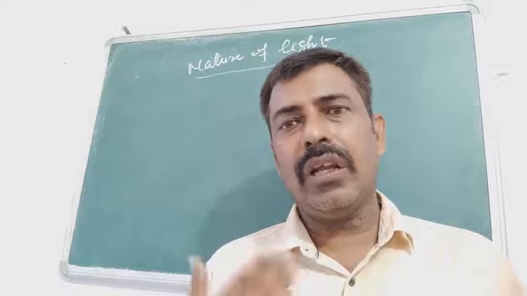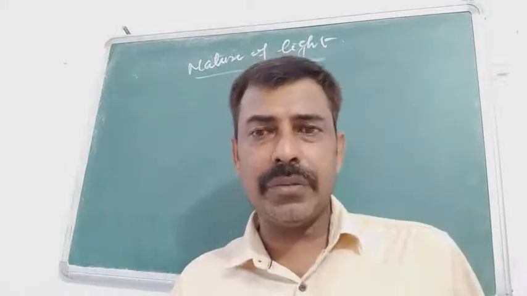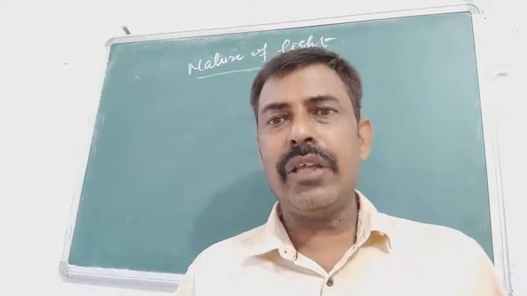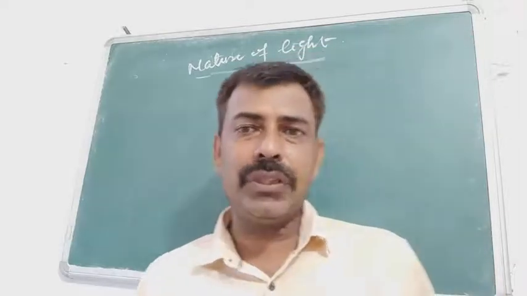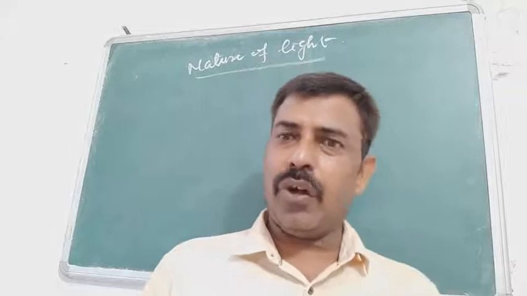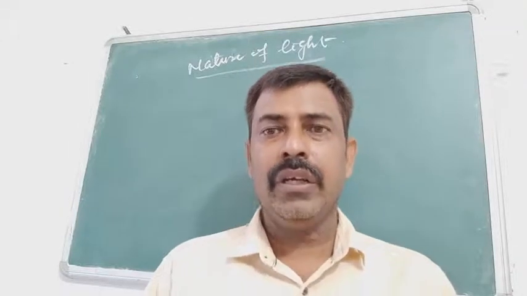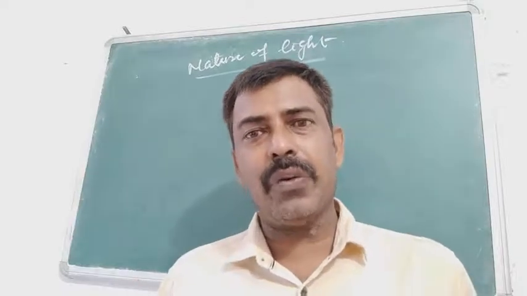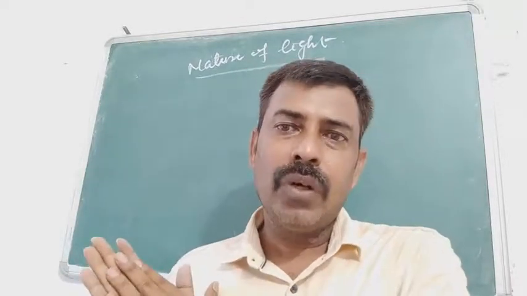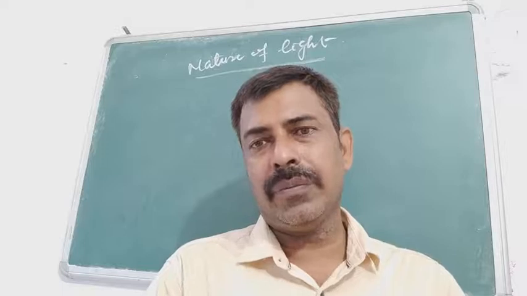Then how does light travel from the sun to the earth? In between the sun and the earth there is a vacuum, there is nothing. In the absence of a medium, how is light capable of traveling from the sun to the earth?